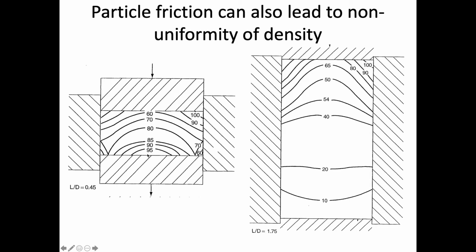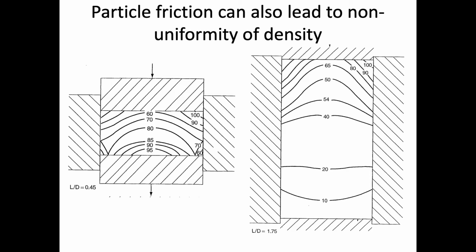So imagine that we had just a big clump of powder in the middle. Well, if that powder doesn't redistribute within this die, then we're going to get differences in pressure from the outside to the interior here, and so that's going to give us a big issue.